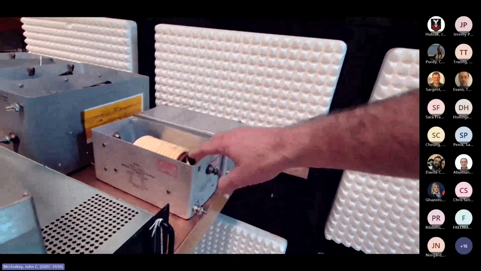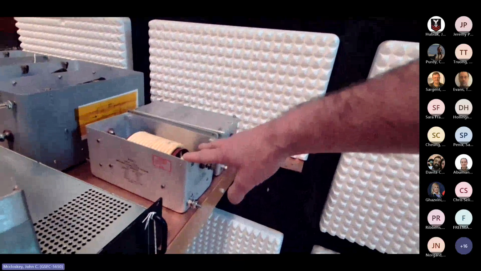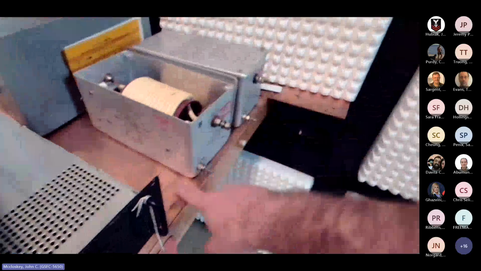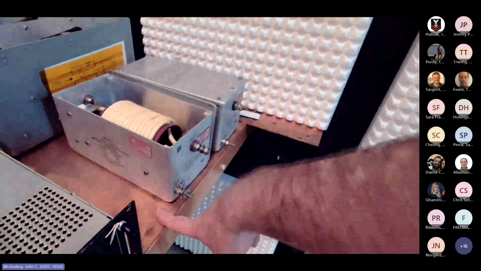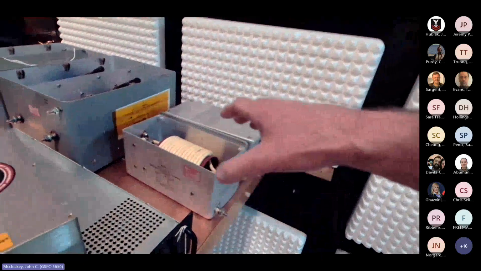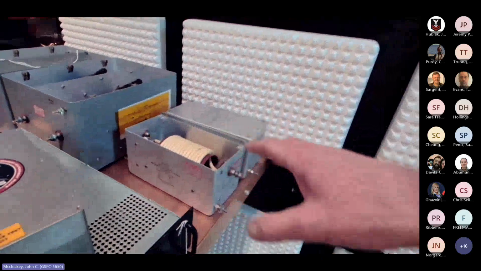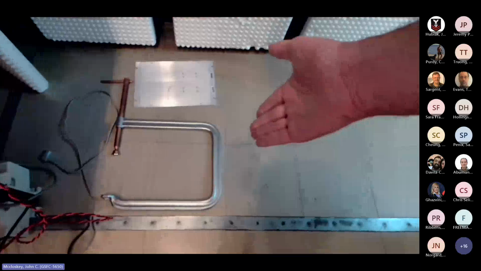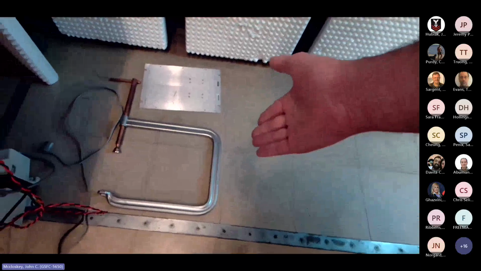As far as the LISN is concerned, it's just the box itself, the metal chassis. Then your metal chassis needs to have a good contact with your ground plane and your test setup. Best way to do that is to really clamp it down to get good metal to metal contact. You don't really want to use copper tape for that. You want to actually clamp it down. So we have these big honking clamps that we use for that.